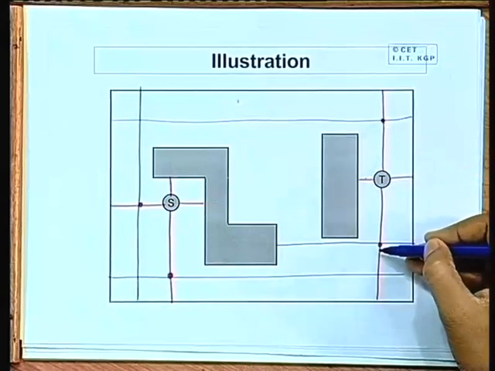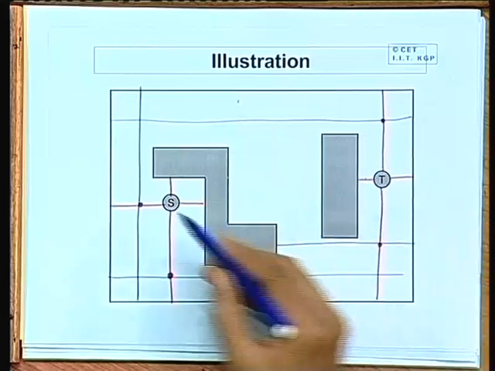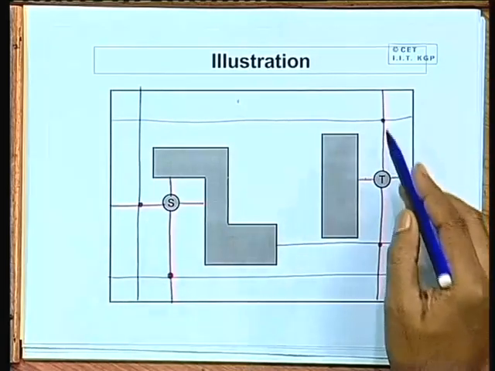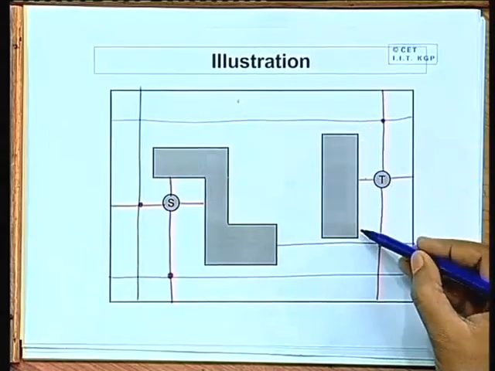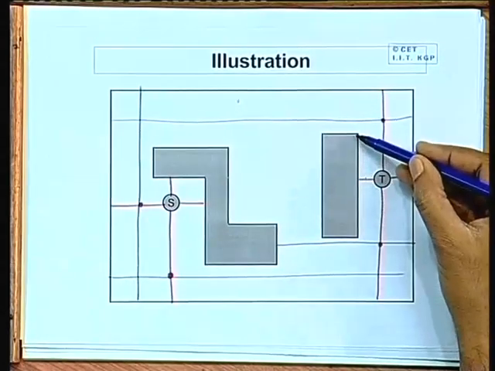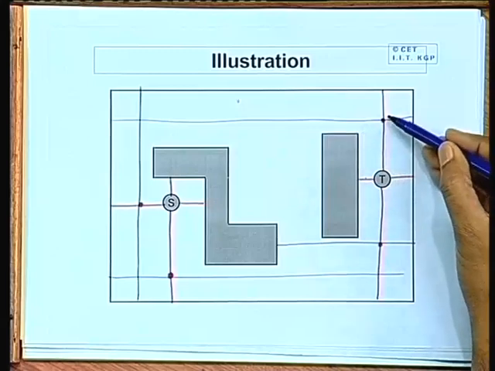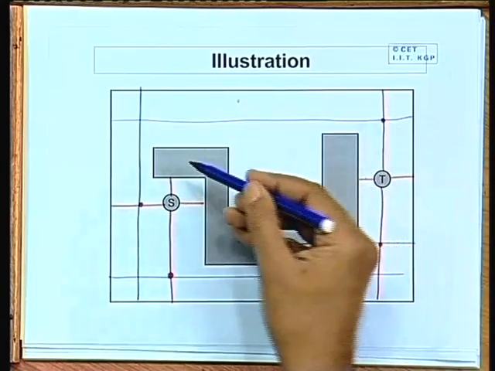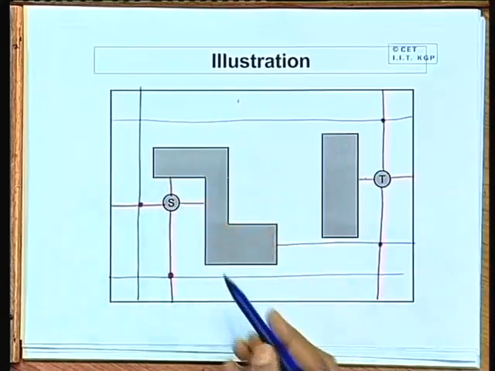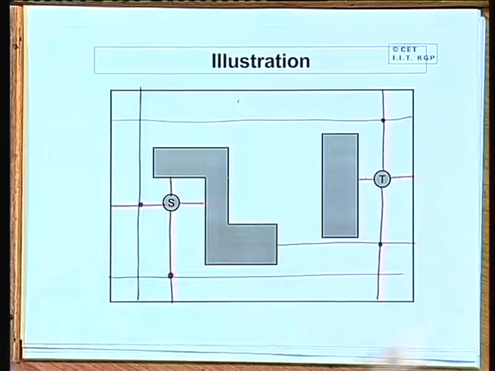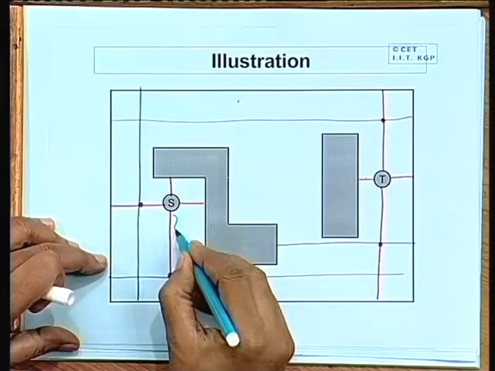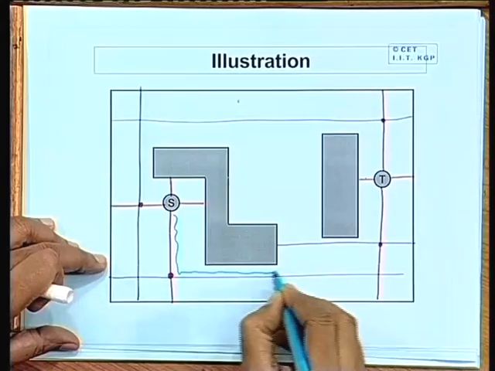This is how you find the escape points. You have to search the obstacle, reach the obstacle boundary, and the first point beyond that will be your escape point. Now in this way you go on tracing and find the first intersection of a line from here and the line from here. In fact, you have already got the path which you had earlier obtained, this one. This will be the first path you will get.